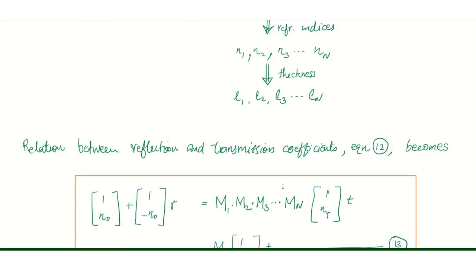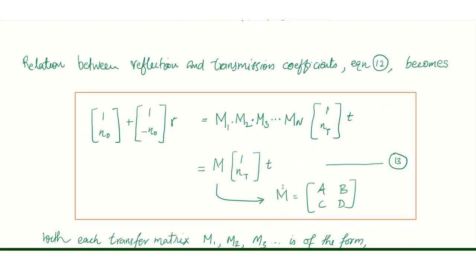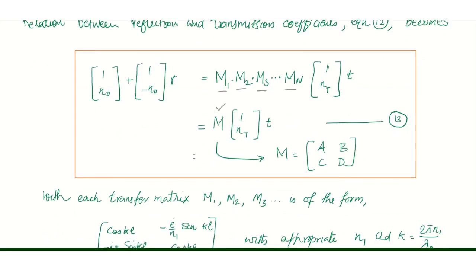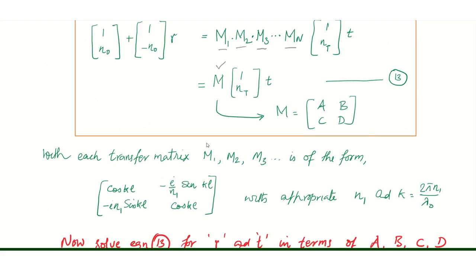We learned that the relation between reflection and transmission coefficient in that case becomes M1 for the first layer, M2 for the second layer, the product of all these matrices. That will end up with the final M, which is a 2 by 2 matrix. We call its terms the ABCD matrix.